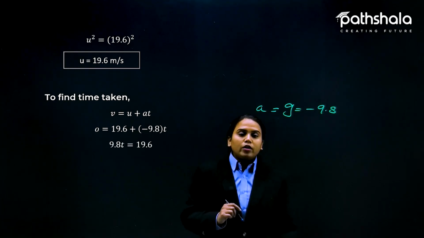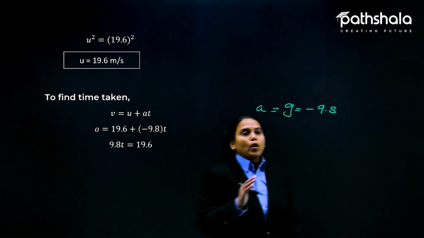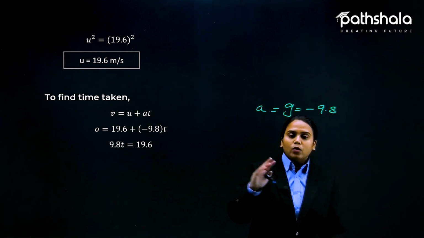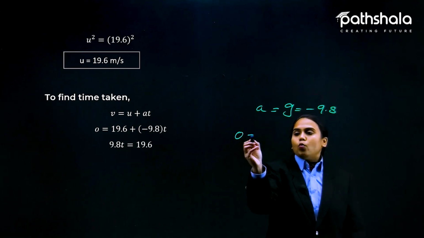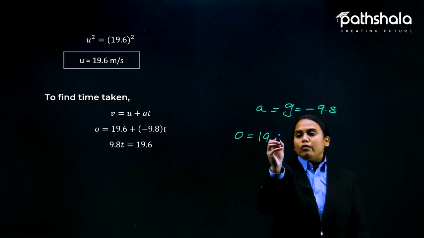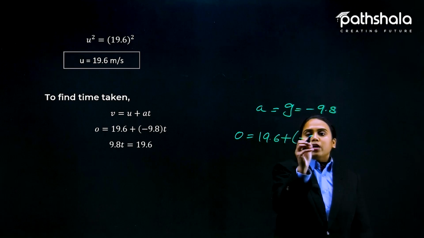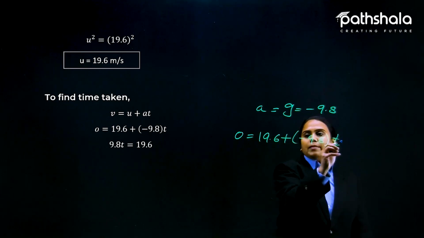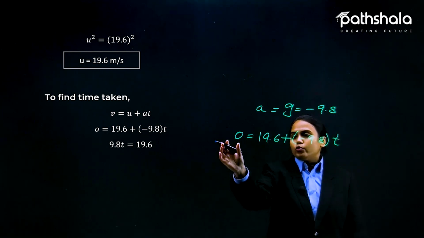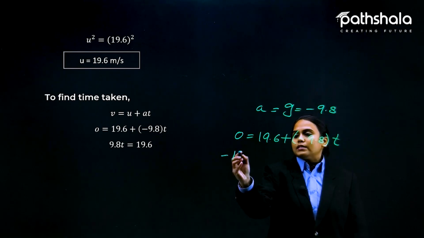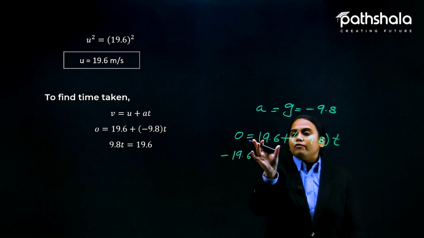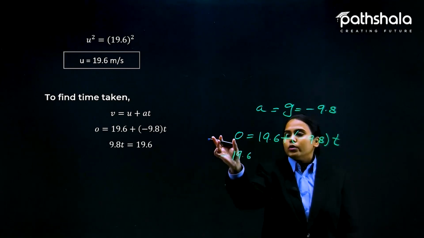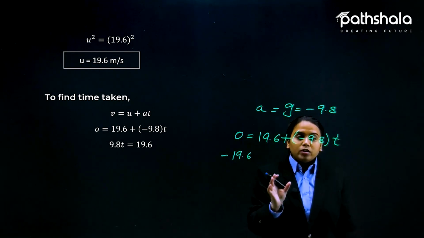Okay, so now what we are going to do, we can take one value to the other side, because here we have 0. And to make it easier, minus 9.8 multiplied by t, if we take this value to this place, so minus 19.6, because it is positive here, and when we transfer from here to here, the sign gets changed.